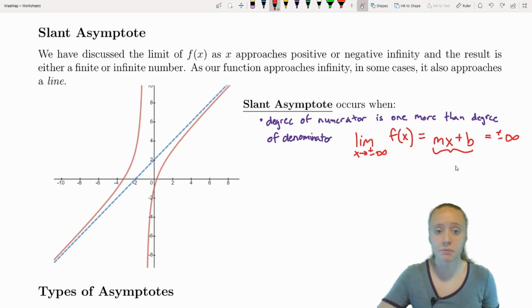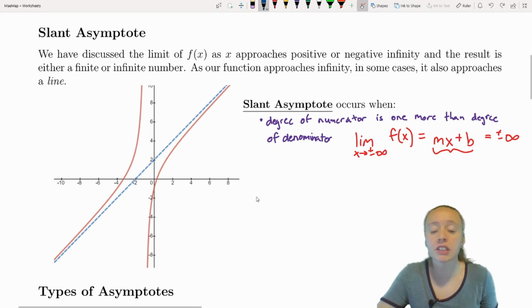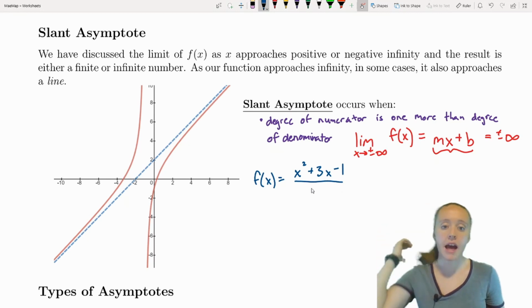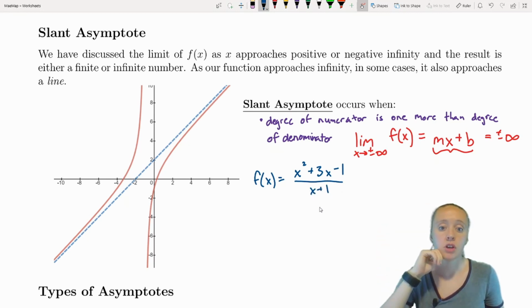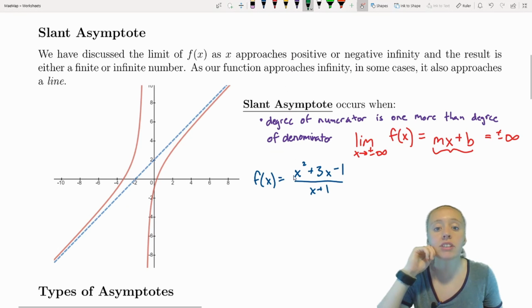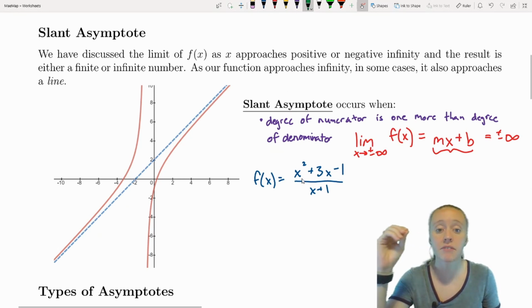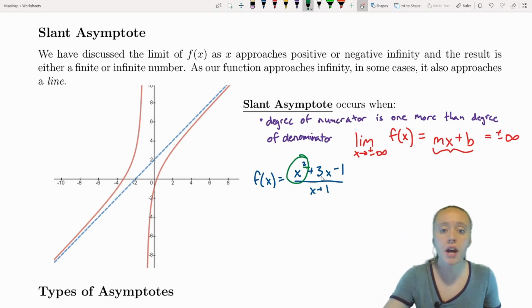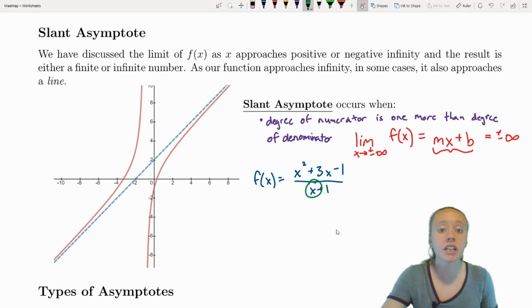Now, pictured to my left, I have a function that is x squared plus 3x minus 1 all over x plus 1. You can see that I do have a slant asymptote as I take the limit of this as x approaches infinity, because the degree of my numerator is 2, and that's 1 more than the degree of my denominator, which is 1.